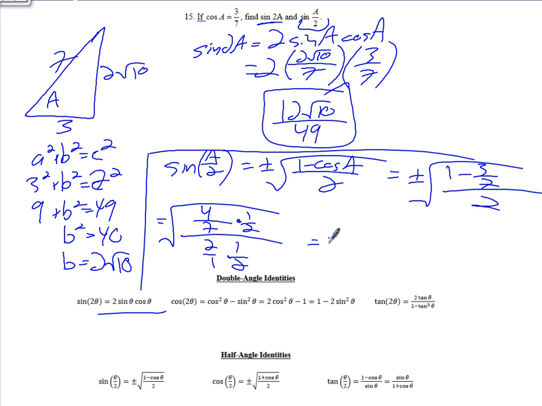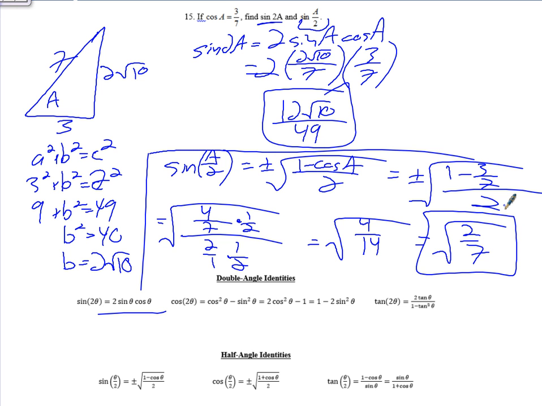So you get the square root of 4 over 14, square root of 2 over 7. And I'm perfectly fine with you leaving your answer like that. If you'd like to rationalize, you would get, let's see, root 7, root 14 over 7 if you rationalized.